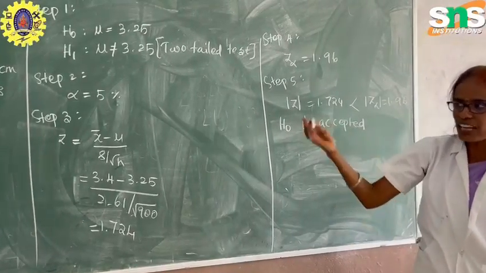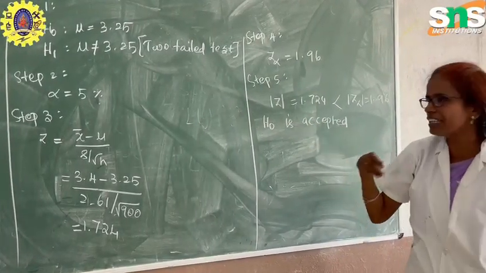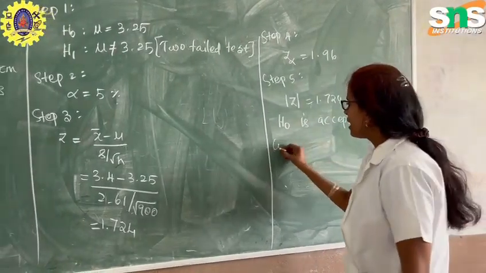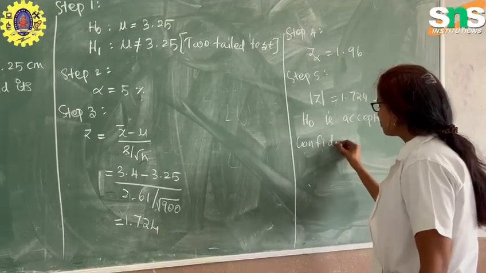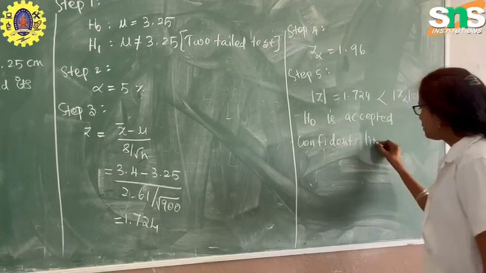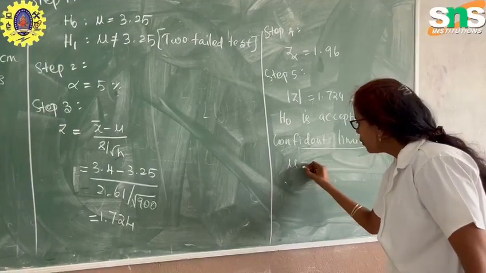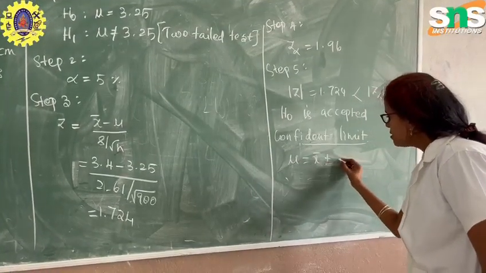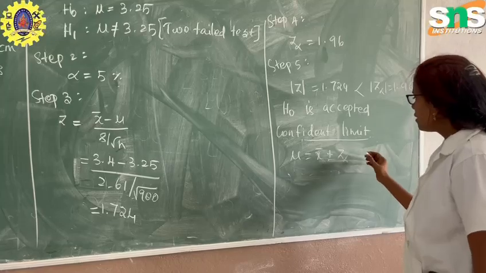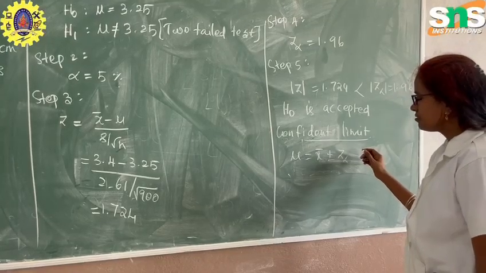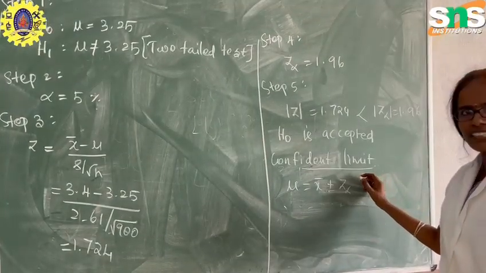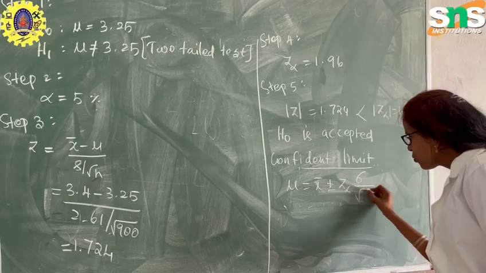The second question is to find the confidence limit. For that we have the formula: mu equal to x bar plus or minus z alpha times sigma by square root of n.